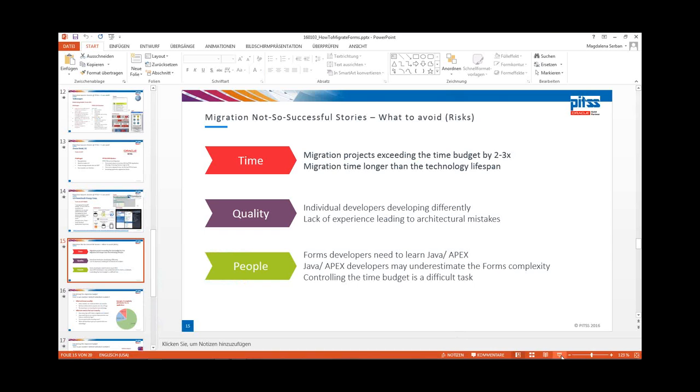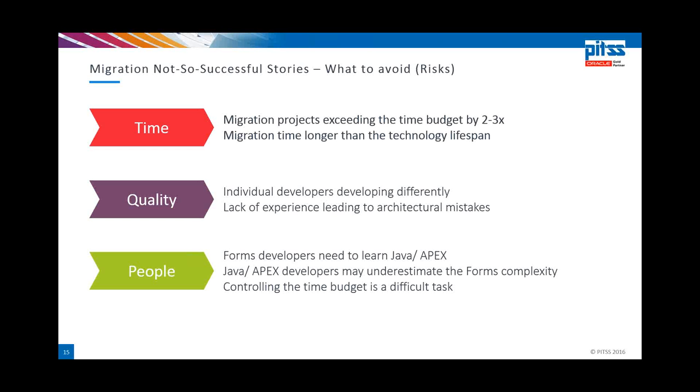Also, coming back to the slides, it was the slide about what to avoid, about the fact that we do not want to exceed the time budget, and that for forms developers it's difficult to understand the new technology. The same thing about difficulty is also for Java and Apex developers.